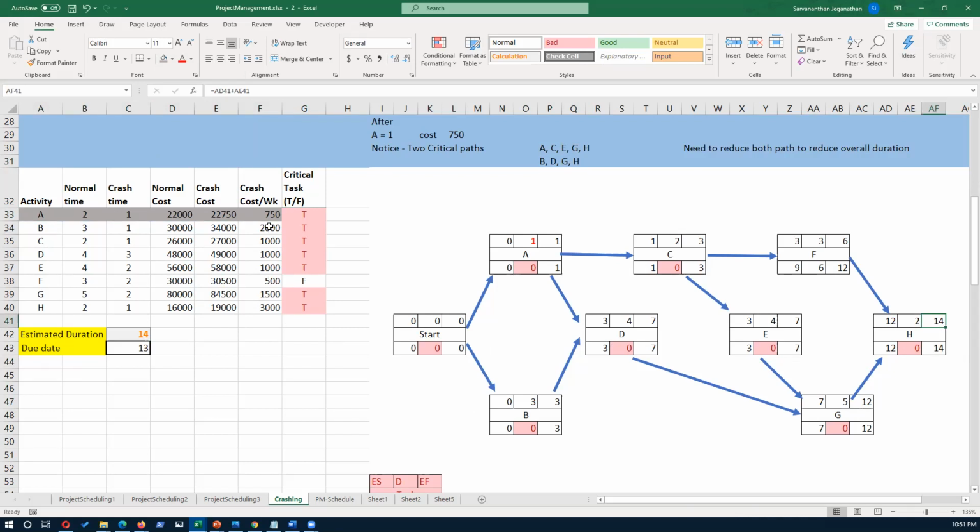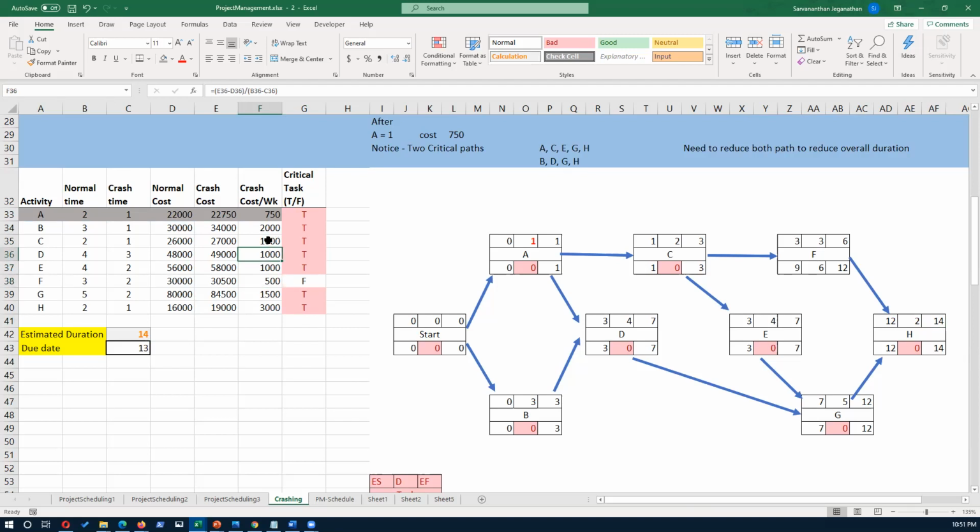So looking at the crash cost here, I think the next lowest, now F is the least, but it's not a critical task. So we cannot reduce the project duration by reducing this.